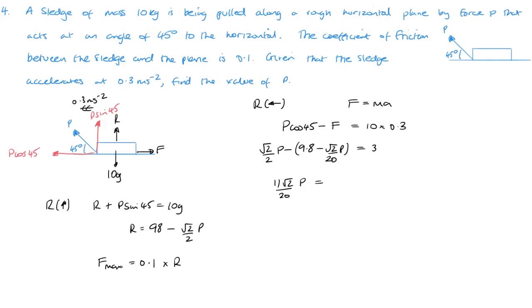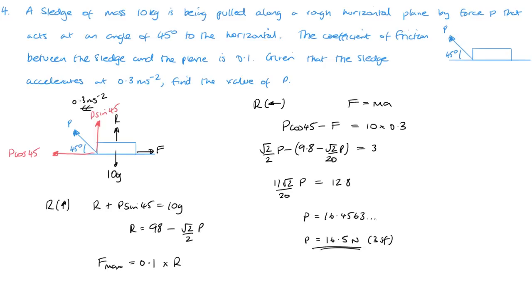equals, and then the minus 9.8 to the other side plus the 3 is going to be 12.8. So 12.8 divided by my answer here, and I get P is 16.4563 and so on. So P is 16.5 newtons to 3 significant figures there.